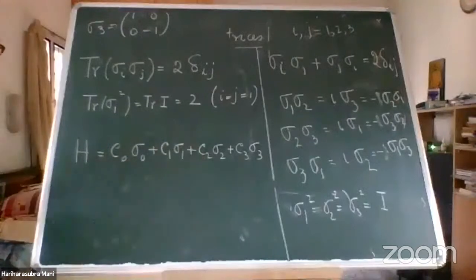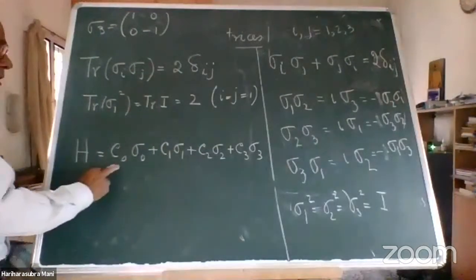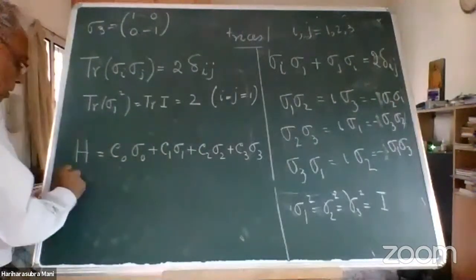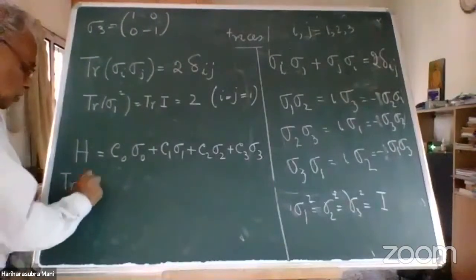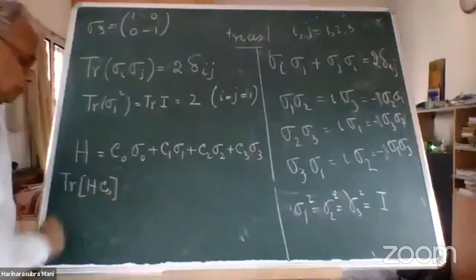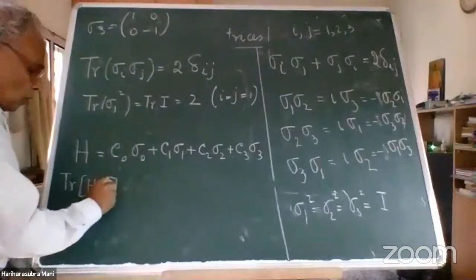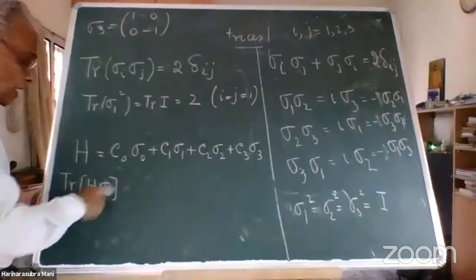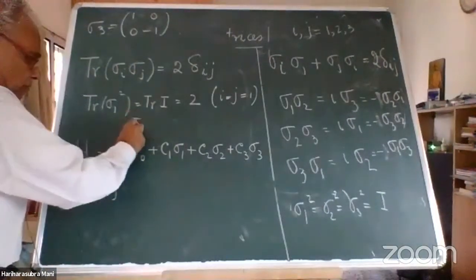How can I locate each one of them? I can write down trace of H times sigma 0. Sigma 0 is the identity matrix, remember.